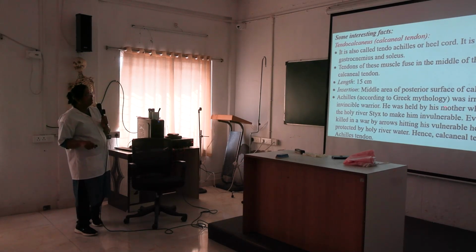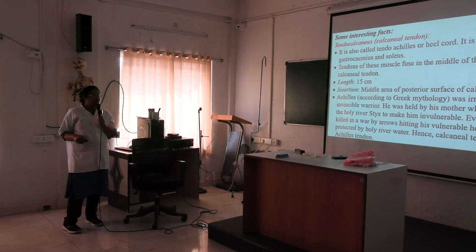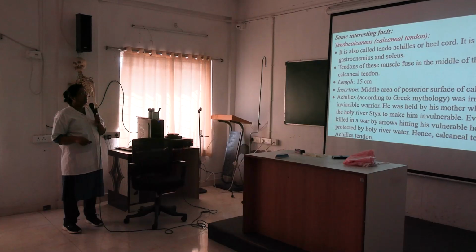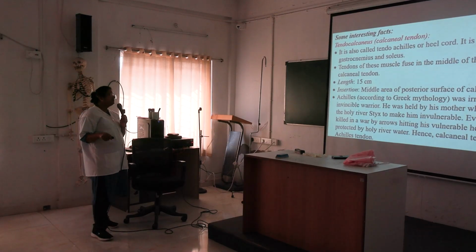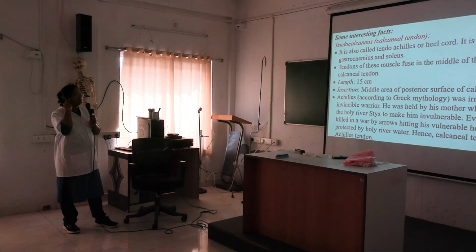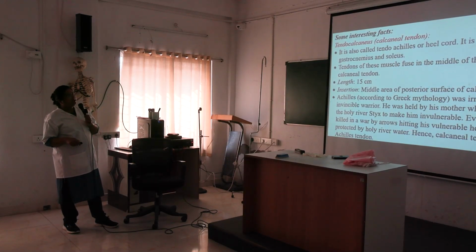Achilles, according to the Greek mythology, was an irresistible and invincible warrior. There is a history. Okay, so he was held by his mother when she dipped him in the holy river Styx to make him invulnerable. But eventually he was killed in a war by an arrow hitting his vulnerable heel.